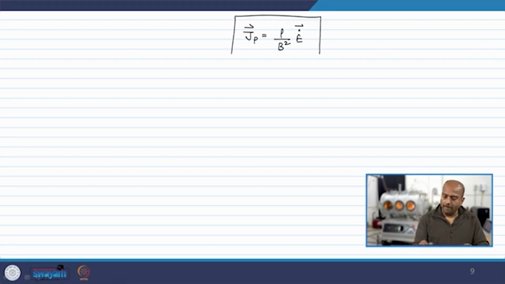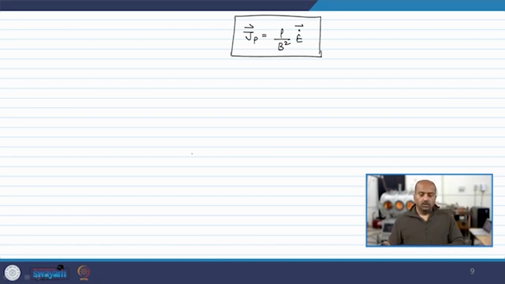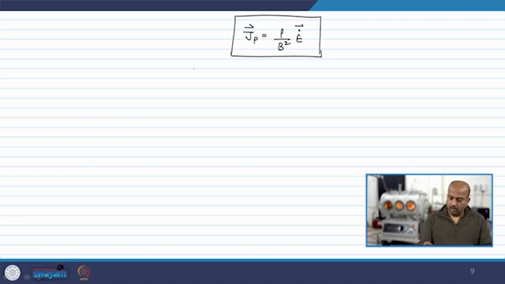So, the current density can be written as Jp is equal to rho by B square times E dot. So, using this, we can get an expression for the plasma dielectric constant.